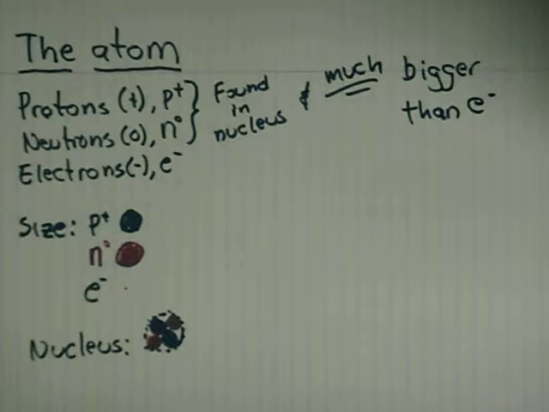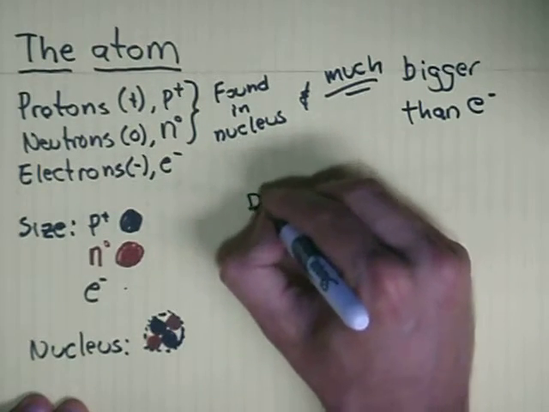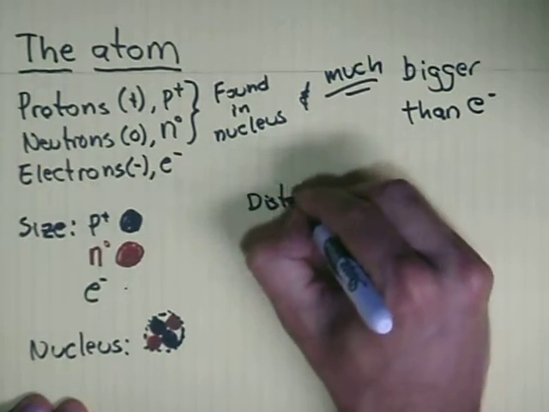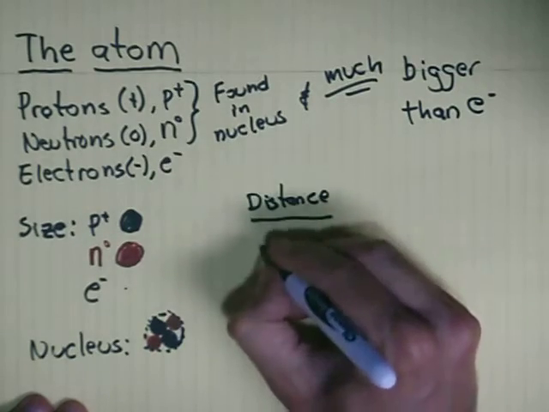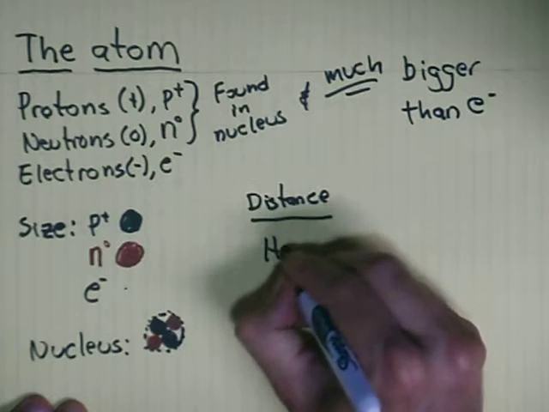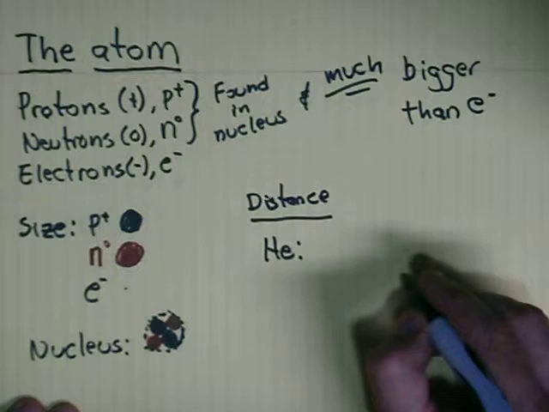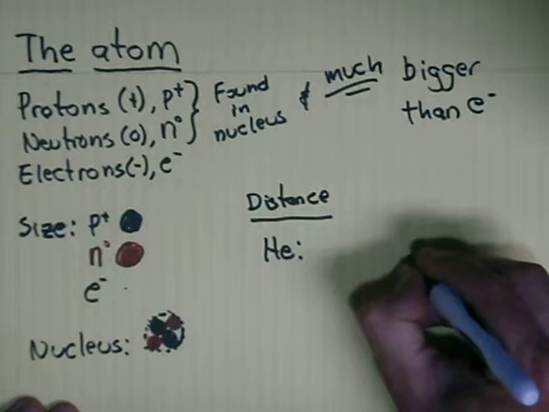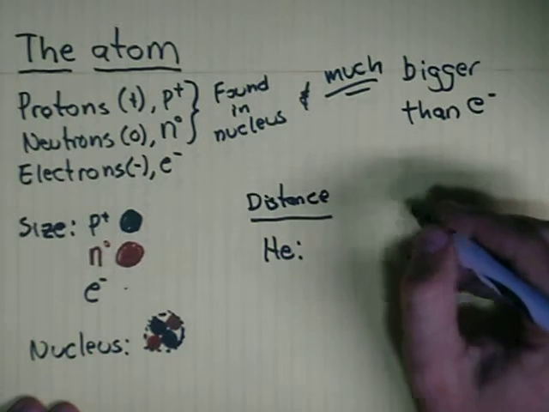But now, for distance, that's a little bit different. We're going to continue working with helium. Our scale here is going to be a little bit different. That dot right there is the nucleus.